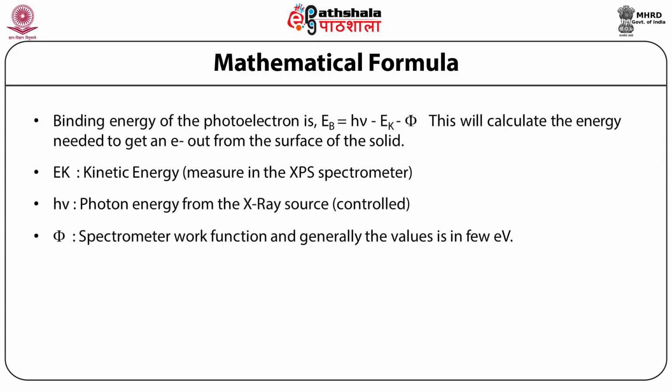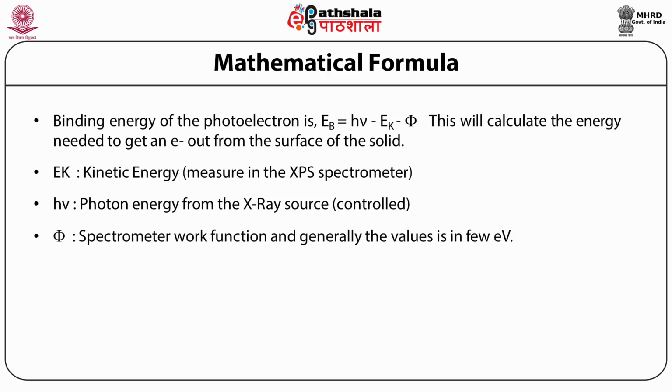The following points are noticed in the above description for XPS. The first point is that no photoemission could be observed for energy h nu less than phi. Second, no photoemission could be observed for levels with binding energy plus phi greater than h nu.